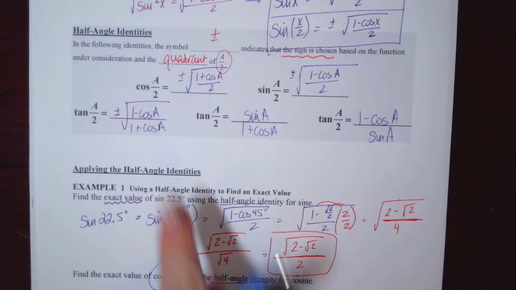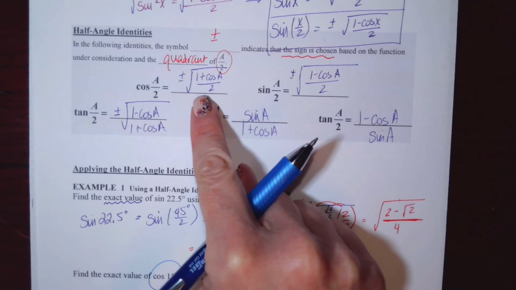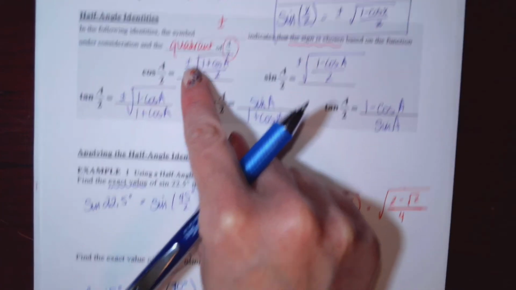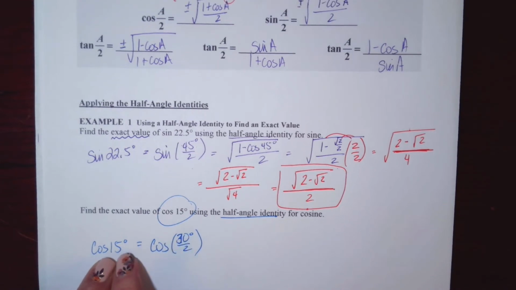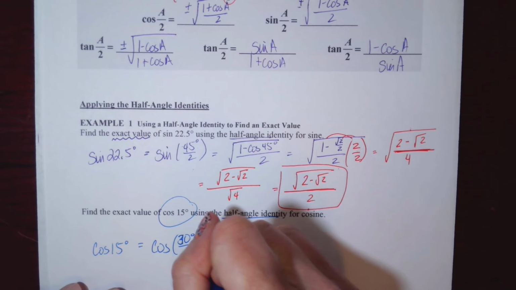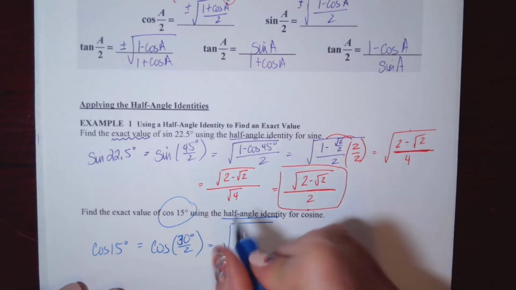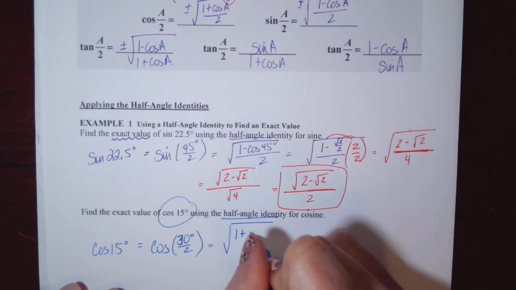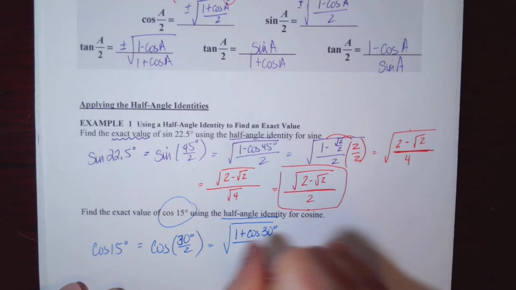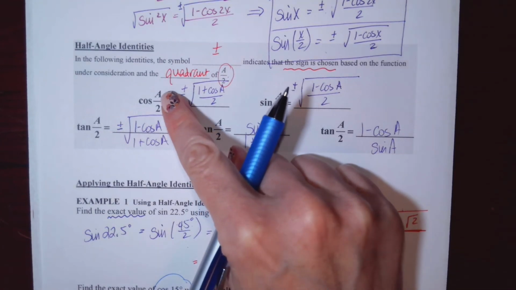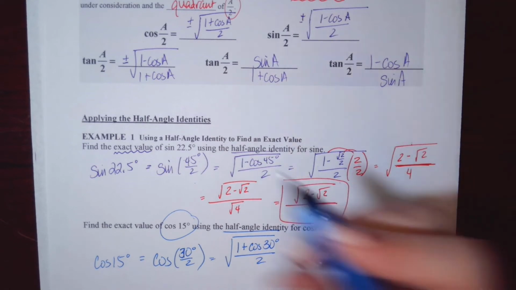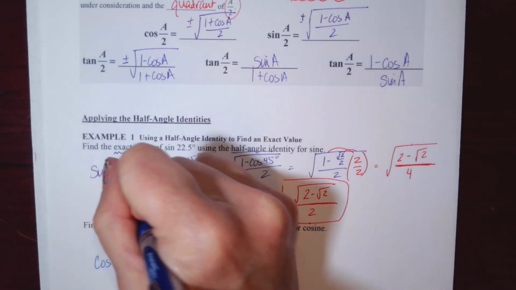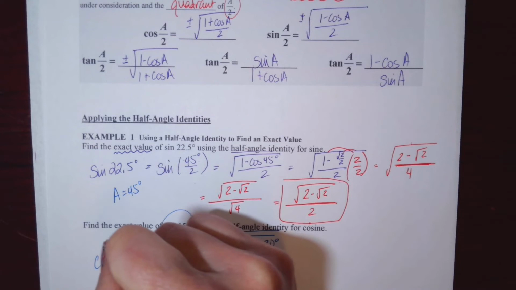And now I have a cosine half angle identity, plus or minus. Well, 15 degrees is in quadrant 1, and cosine is positive in quadrant 1. So I'm going to have the square root of 1 plus cosine 30 degrees over 2, because for my half angle identity, A over 2, I've got 30 over 2 here, so A is 30. For the last one, A was 45. For this one, A is 30.